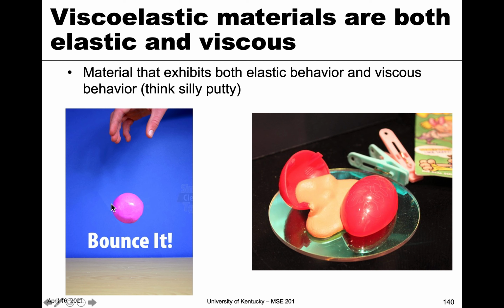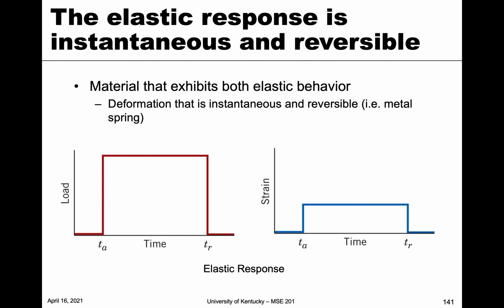So it has elastic behavior, but it also has viscous behavior, because if you leave that same ball on the countertop or in the little egg that it comes in, then you'll notice after a while it becomes a puddle, right? So it's able to viscously move like a liquid over time. So this is both elastic and viscous properties, and it exhibits in one material.